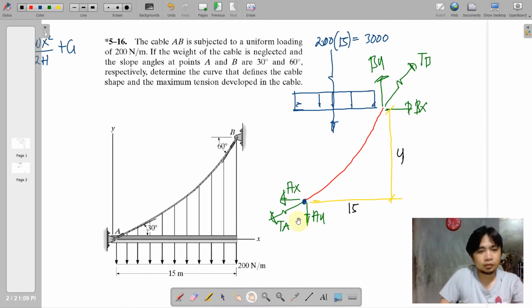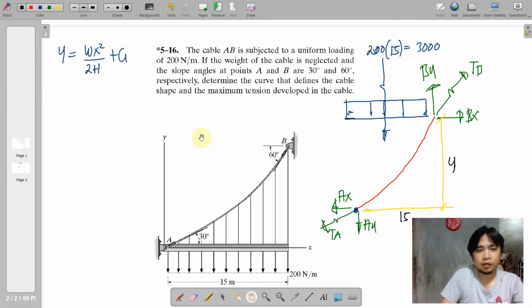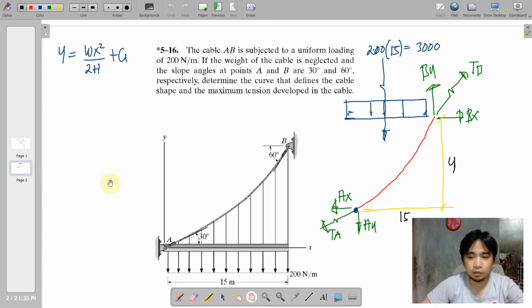Okay, so in my screen I have actually preserved what we derived a while ago on the equation of the curve, that is y is equal to wx squared all over 2h plus c1. So what we'll do is manipulate this to be able to come up with the equation.